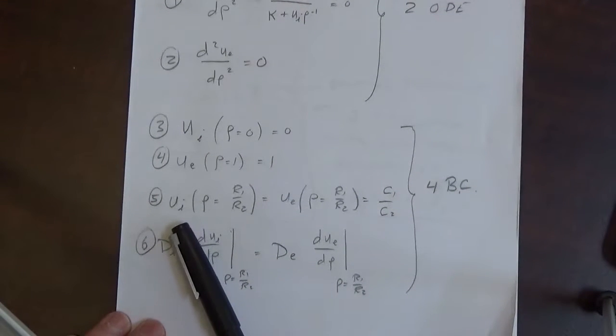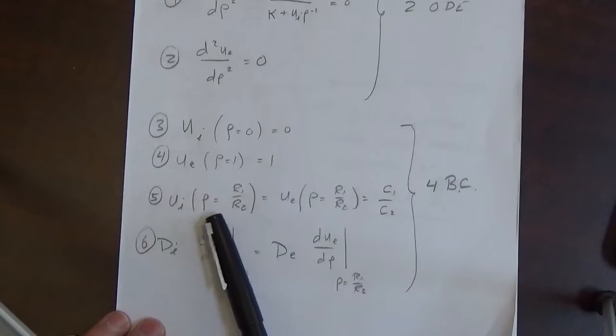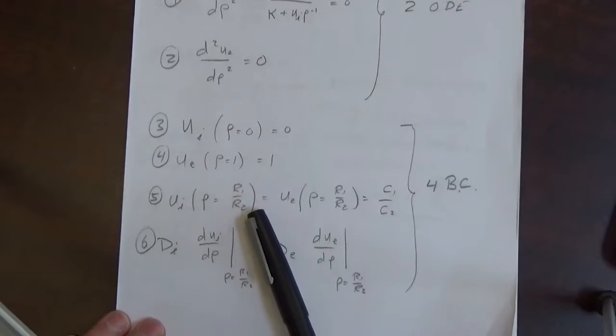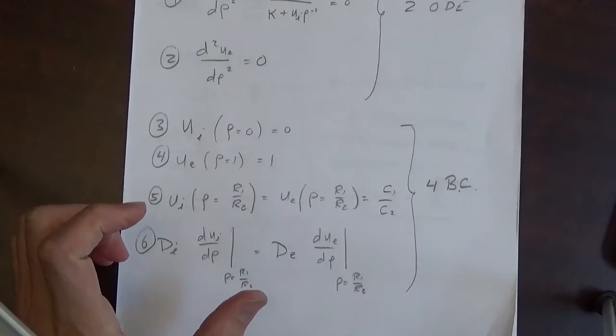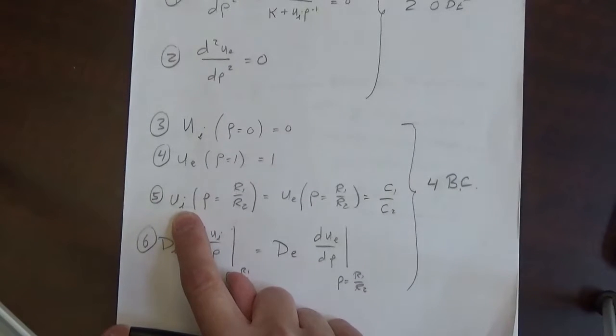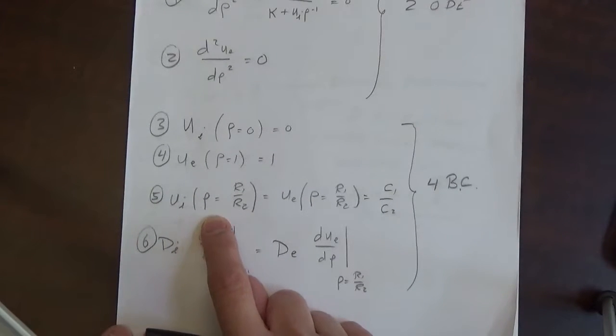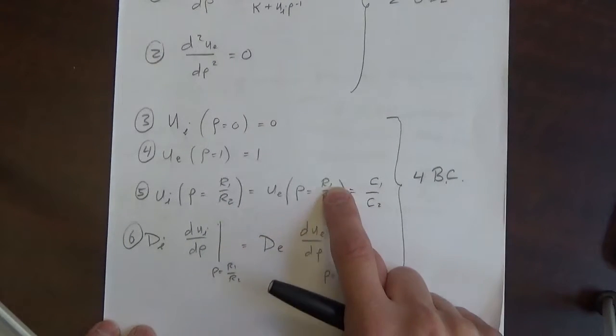Our third boundary condition is that at the interface, and because our interface is dimensionless, our interface is R1 over R2, where R1 is the radius of the interior cell, and R2 is the radius of the exterior. So the interior solution at rho equal to R1 over R2 is equal to the exterior solution at rho equal to R1 over R2.